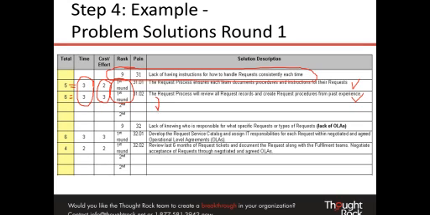So after you have this first round of coming up with the problems we need to deal with or the solutions we need to deal with, you want to go into a second round of problem solving. And now that people have gone through the exercise of seeing about time and cost and recognizing that they need to break it down, they're going to come up with the smaller solutions, the quicker solutions, and ultimately the quick wins.